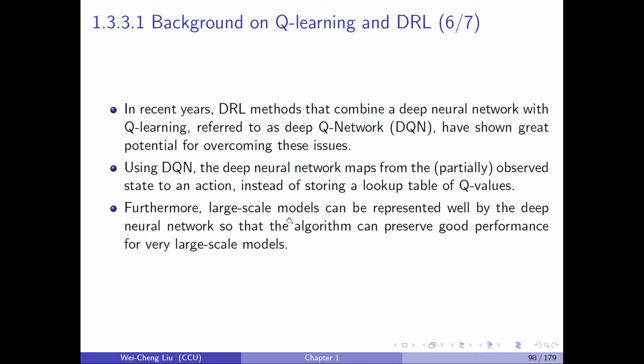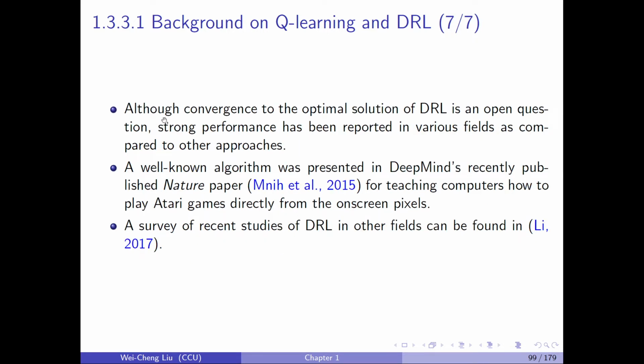Furthermore, large-scale models can be represented well by the deep neural network, so that the algorithm can preserve good performance for very large-scale models. Although convergence to the optimal solution of DRL is an open question, strong performance has been reported in various fields as compared to other approaches.